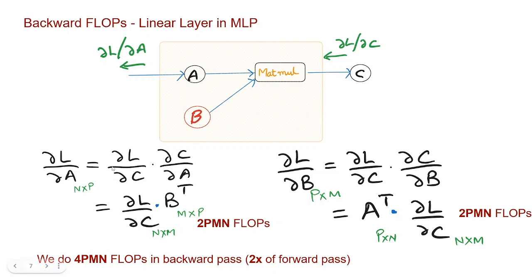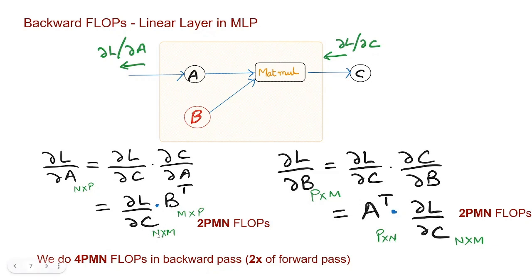So del L by del A, by chain rule, is del L by del C times del C by del A, and matching the dimensions, it can be written as del L by del C times B transpose.